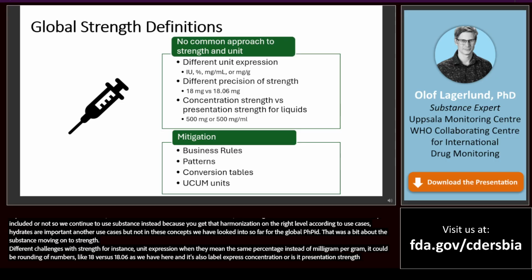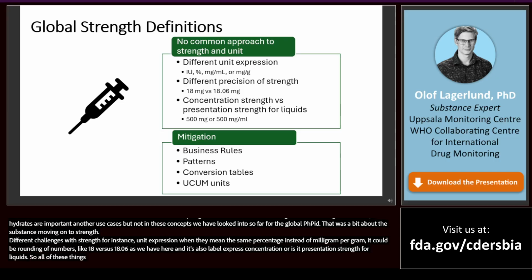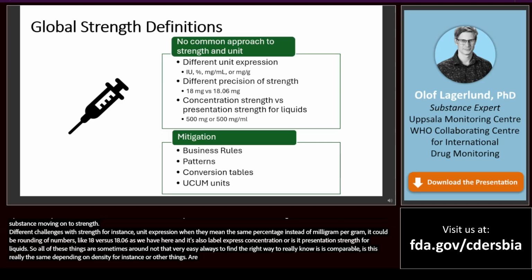So all these things are sometimes around and not always easy to find the right way to really know, is this comparable? Is this really the same, depending on density, for instance, or other things? And are we sure that 1.3 is the same as 1.35? Or is it a rounding error, or is it an actual difference that should be reflected?